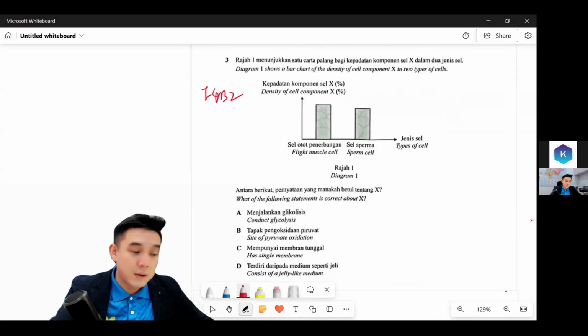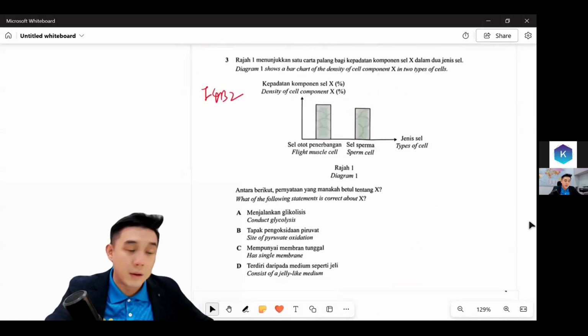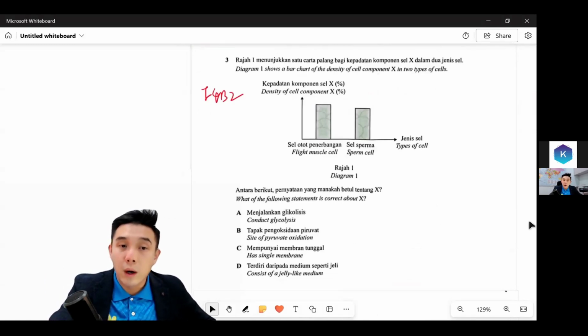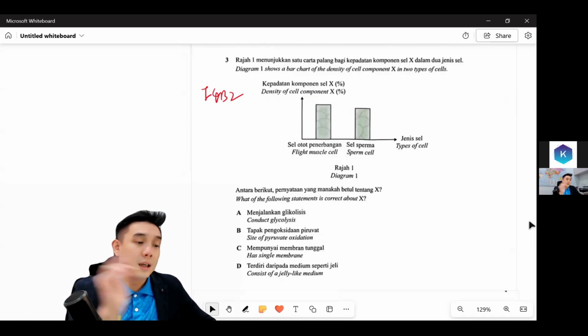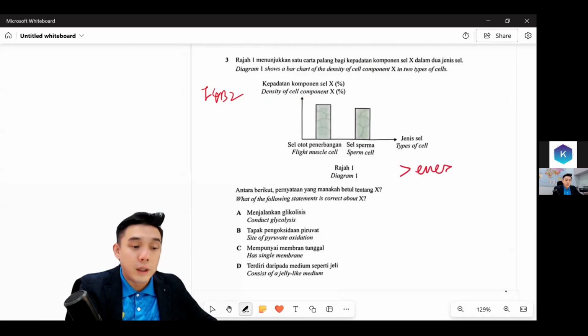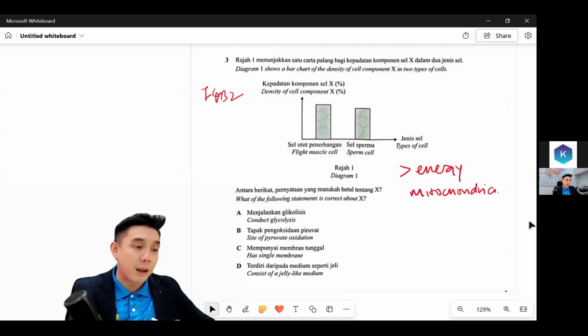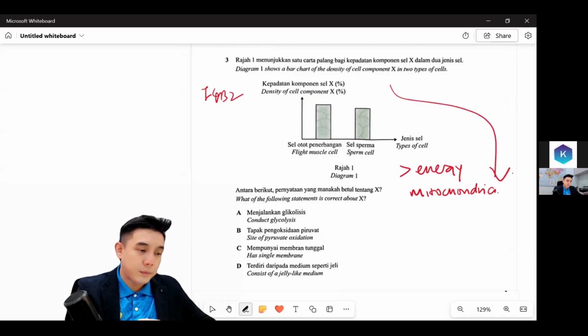Now, number three is still from Chapter 2. There are flat muscle cells and also sperm cells. One common ground that they have is that they need a lot of energy, which simply means they need a lot of mitochondria. What is correct about X, which is mitochondria? Mitochondria do not conduct glycolysis. That one is in the cytoplasm of the cell.